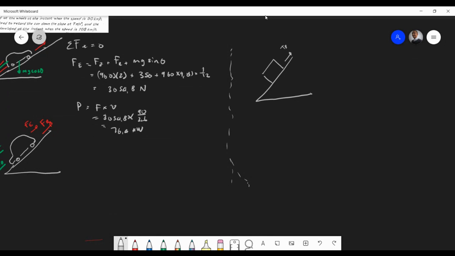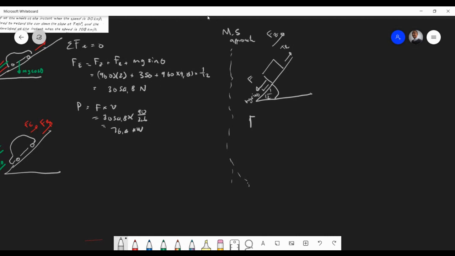So tractive force this way, we've got Fz going that way. You've got an actual force going forward, and we have mg sine. So I'm just going to do it this way. From the way I understand, because it's going down, the forces have to change. I think I know exactly why they've decided the same slope. So this is my approach, unless I'm reading the question wrong, and then we will check if the approaches line up within the example itself.